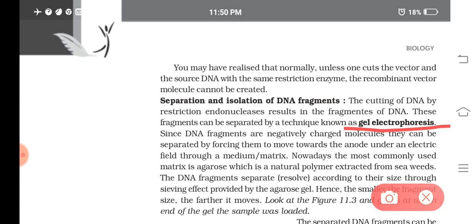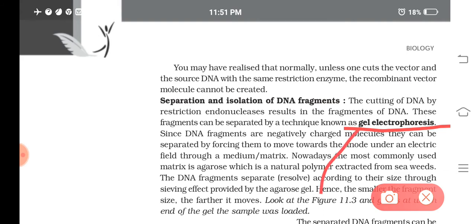But the rate or speed with which they move will depend on their size. So smaller molecules will move fast through the agarose gel medium, and the larger fragments move slowly.